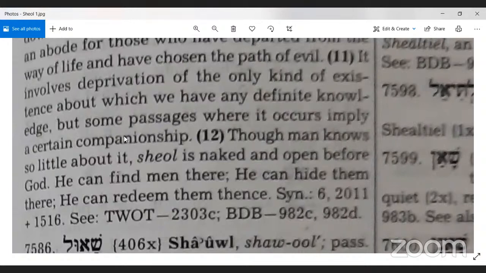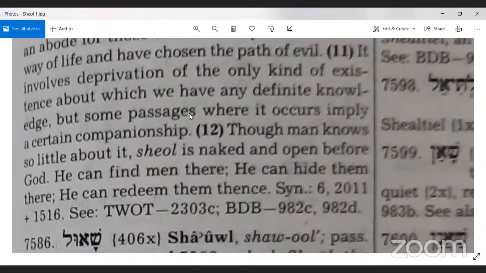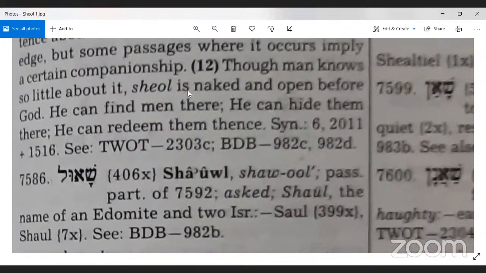That goes back to the inmates, right? Right. Yes. Okay, 12. Though man knows so little about it, Sheol is naked and open before the Most High. He can find men there. He can hide them there. He can redeem them thence.